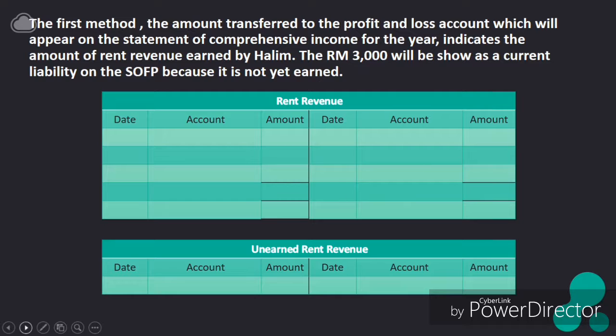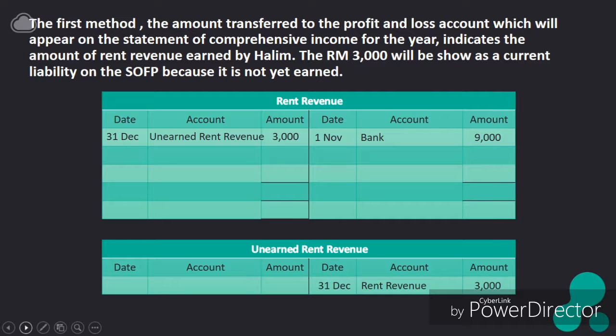So, let's show how this works. On the 1st November, the total amount Halim received is 9,000, which means the rental rate is 3,000 per month, and we will record it on credit side. So, the unearned rent revenue for January will be recorded on debit side amount 3,000 because of Halim's fiscal year end every 31 December and it decreased our revenue for that time.